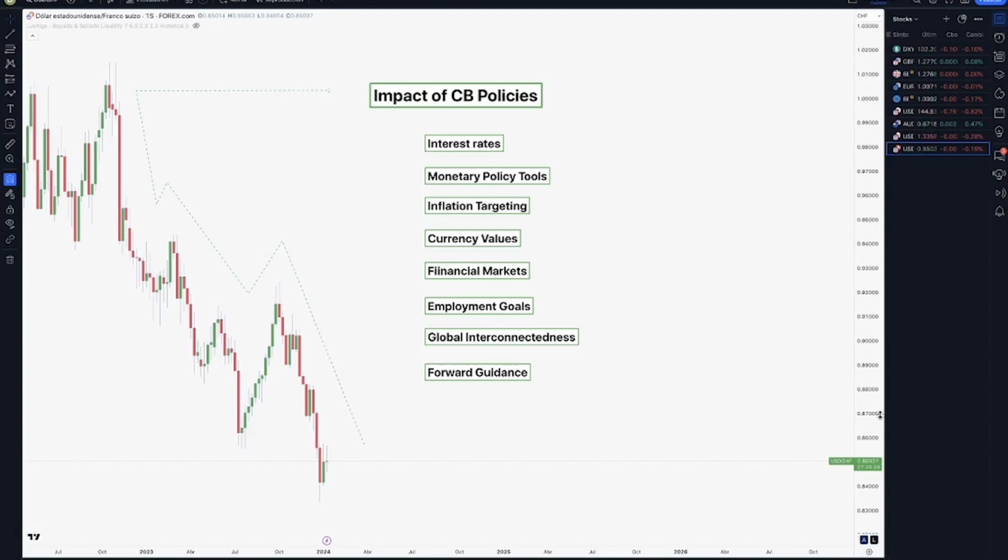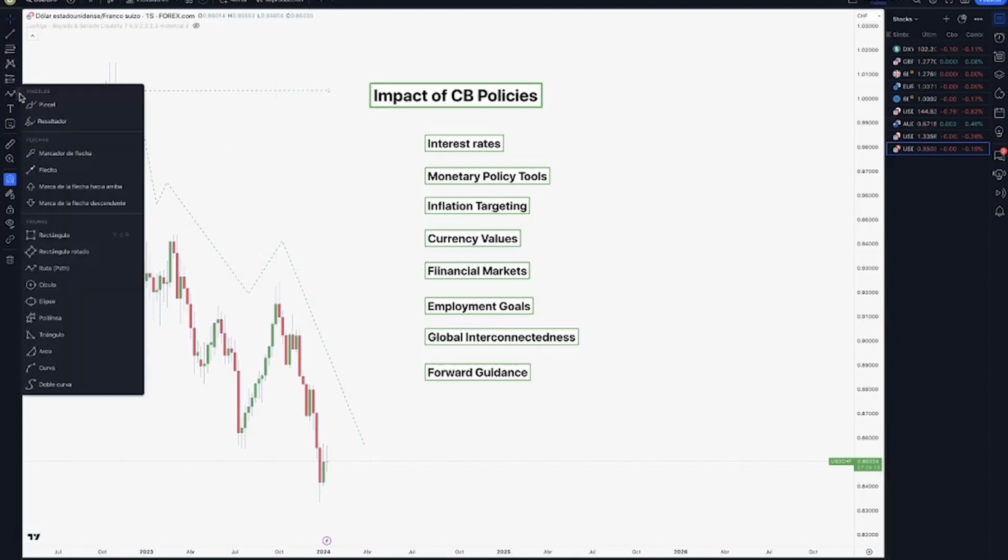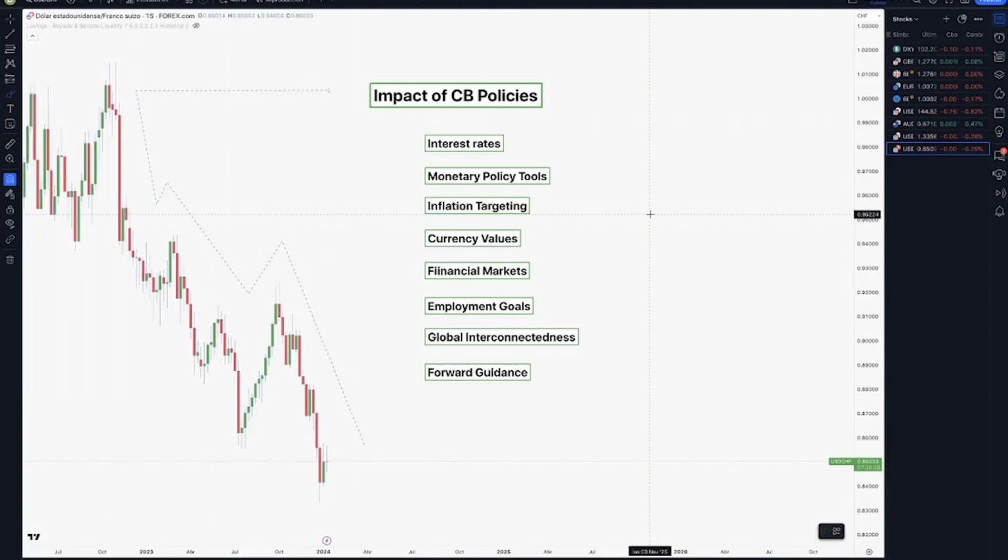Lower rates encourage borrowing and spending, stimulating economic activity, while higher rates can cool down an overheating economy. So there we have the first key point of how the economy will move according to the interest rates of the central bank.